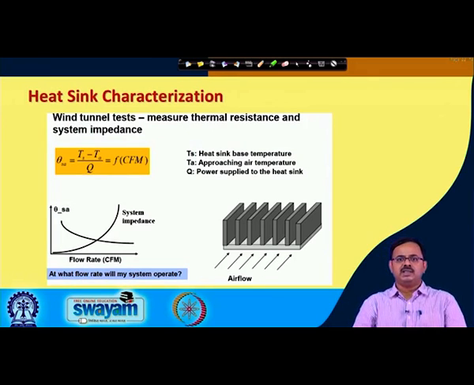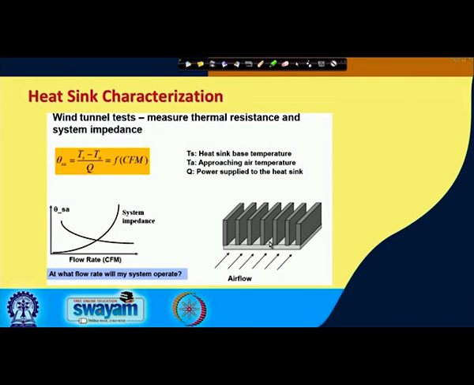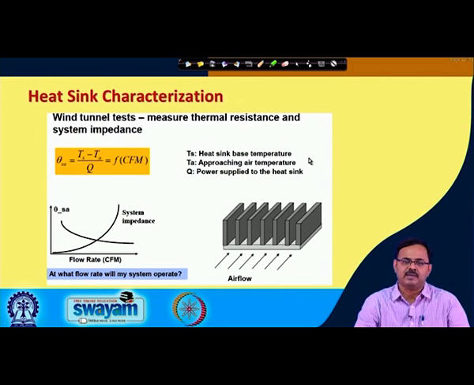Remember, we discussed theta sink to ambient, the thermal resistance between the sink and ambient. If I am supplying some power onto the base of this heat sink, what happens to the temperature difference between the sink and the ambient?